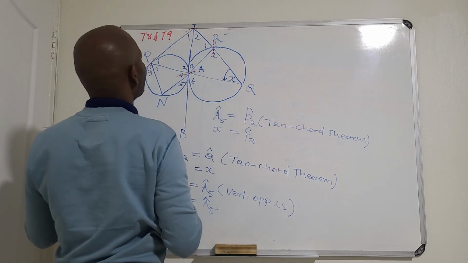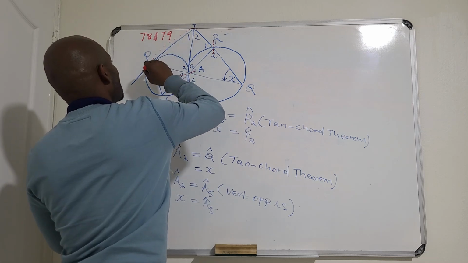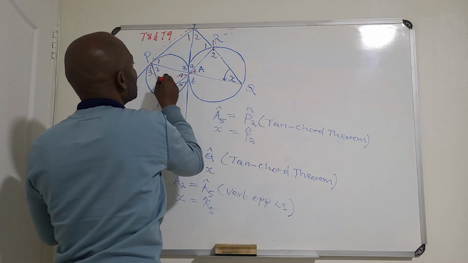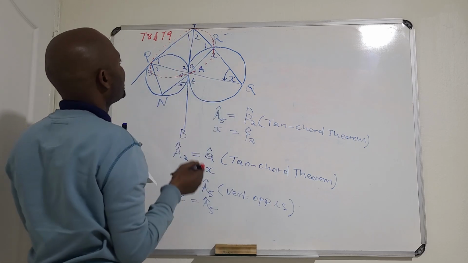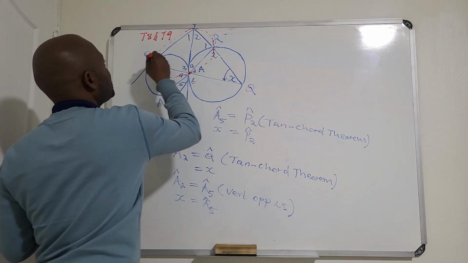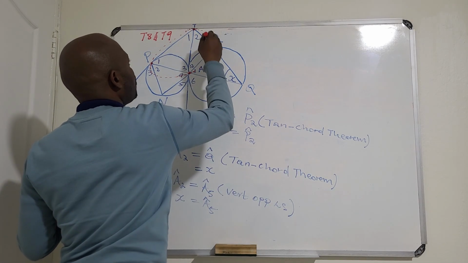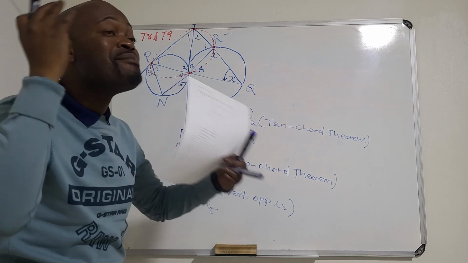So it means that you must have an imaginary circle that goes like that, where this point, this point, this point, and this point are on that imaginary circle.